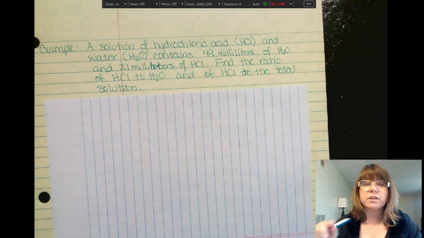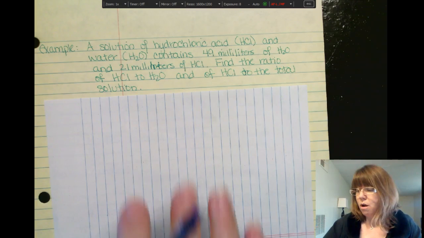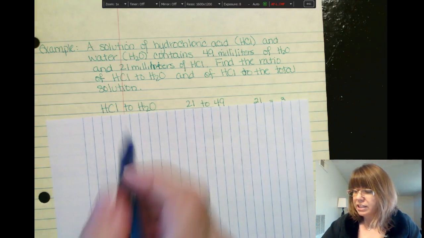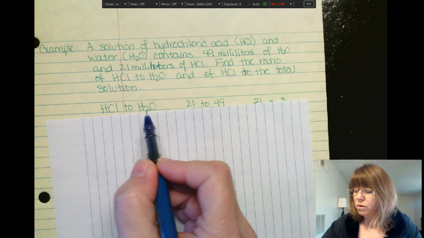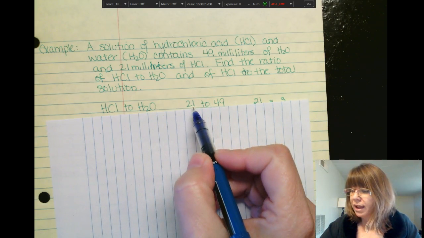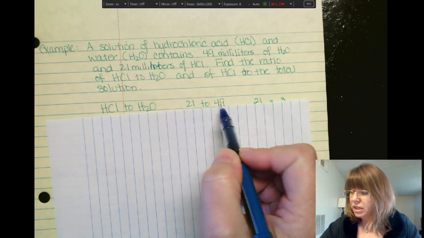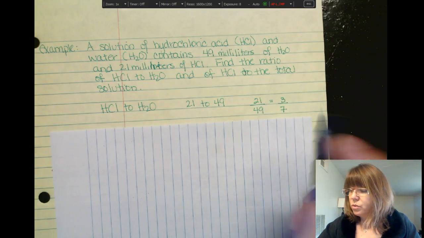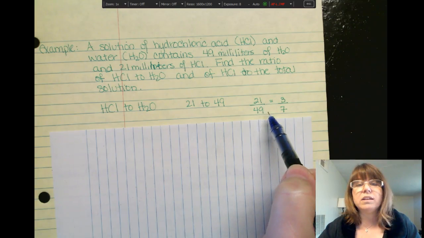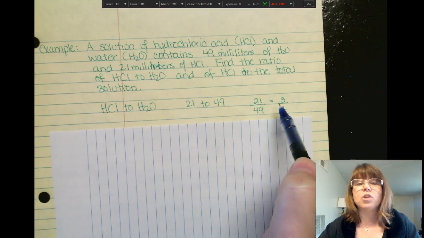So there's two problems here. Let's work on the first problem, HCl to H2O. That means the amount of hydrochloric acid to the amount of water, so that's 21 to 49. So 21 over 49, and let's reduce it to 3/7.